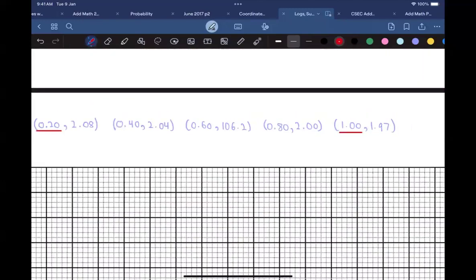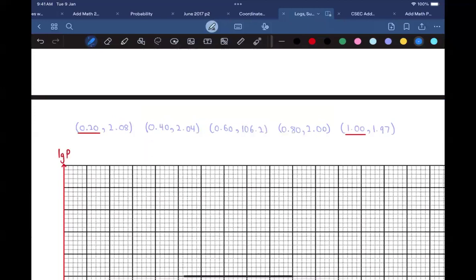Who wants to help me come up with the y-axis? The y-axis is a bit crazy. Since I like crazy things, I will assist you.